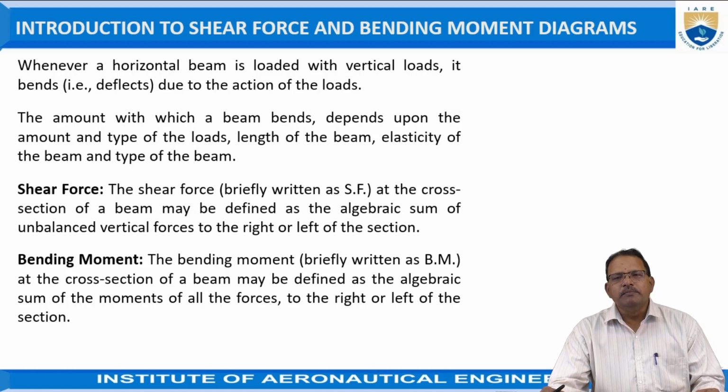The amount by which the beam bends generally depends upon the magnitude of forces acting on it, the length of the beam, the elasticity of the beam, and the type of the beam.